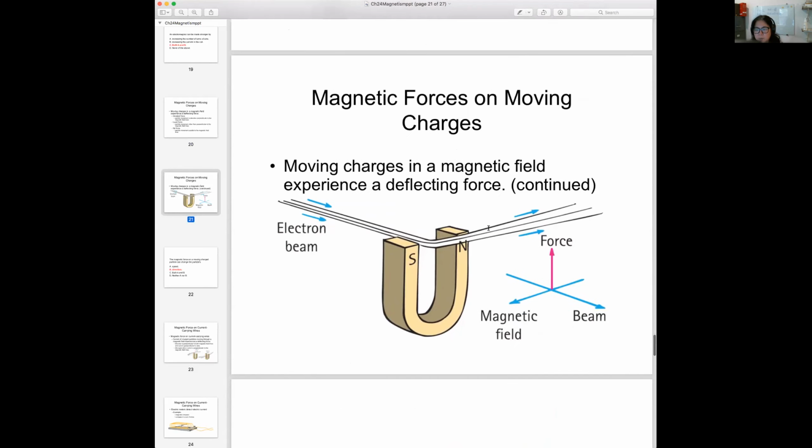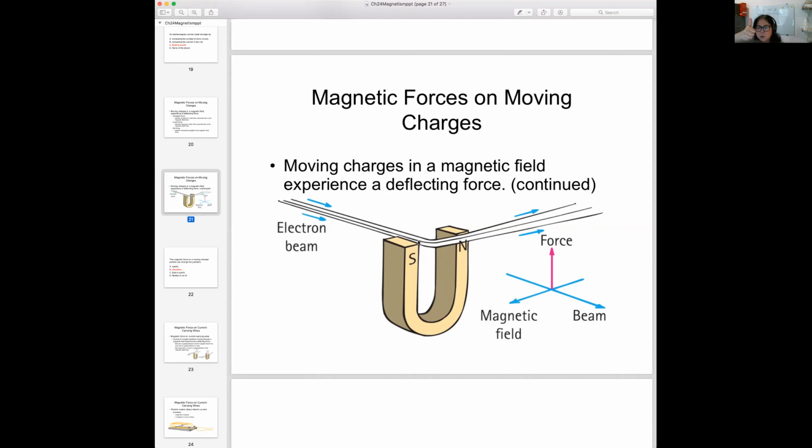So here, in this case, it's again the electron beam that's coming out. If you want to use the right hand rule, the fingers are going to be the direction of the current, which is opposite to the direction of the electrons. Then you bend your fingers toward the direction of your palm, north to south is going to be this way, and my thumb gives the direction of the force.